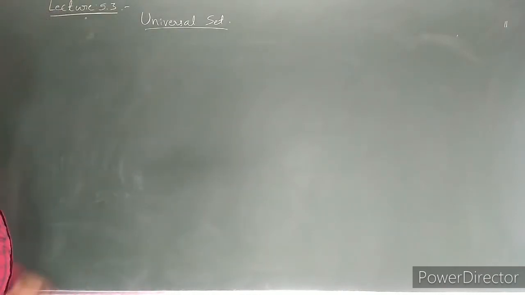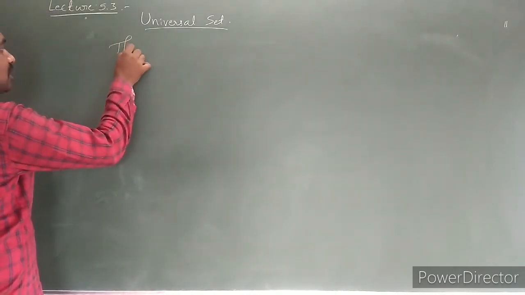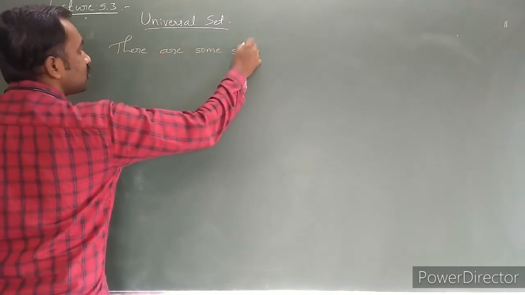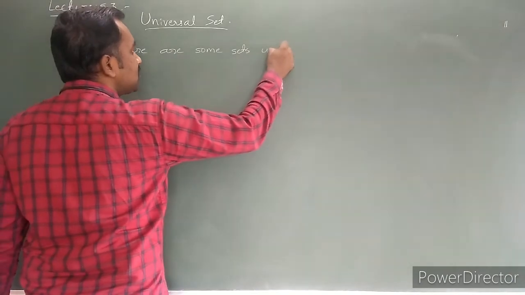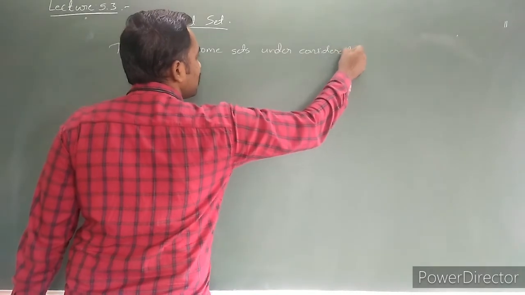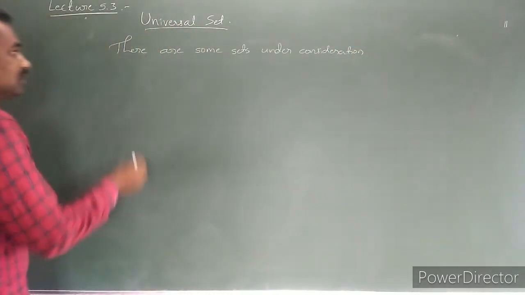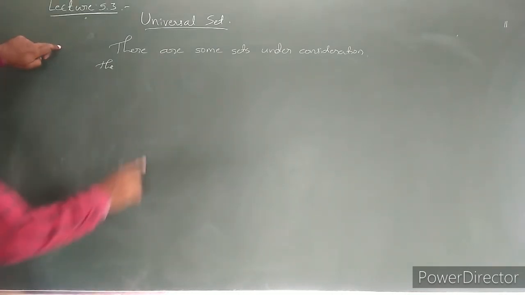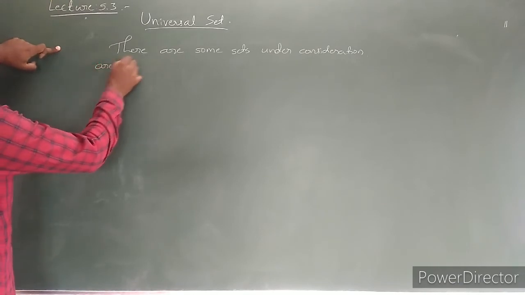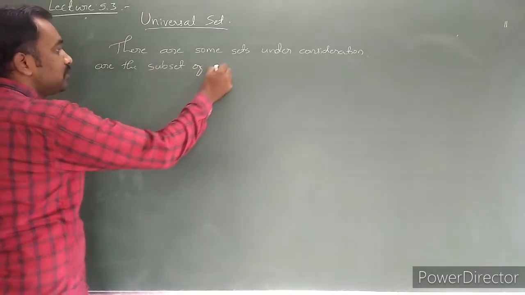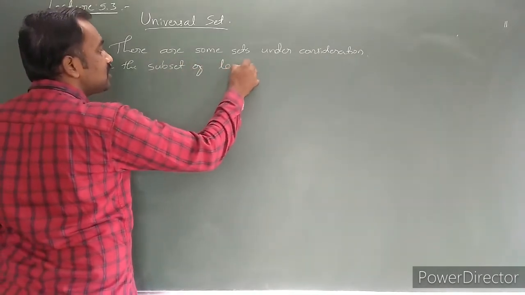Universal set. What is the universal set? The universal set definition is: there are some sets under consideration, and they are all subsets of the largest set.